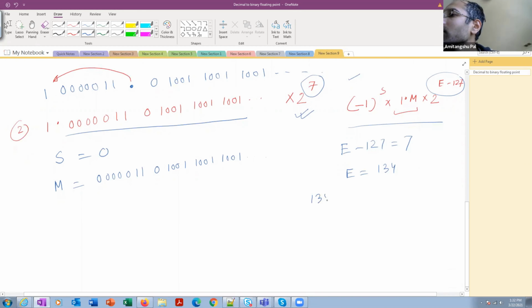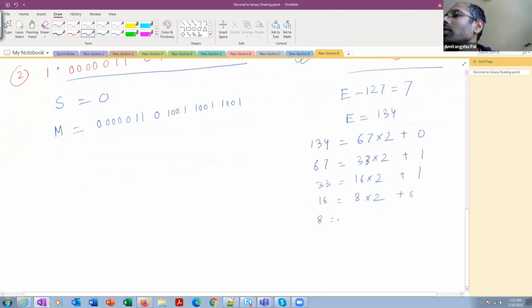134 equals 67 into 2 plus 0. 67 equals 33 into 2 plus 1. 33 is 16 into 2 plus 1. 16 equals 8 into 2 plus 0. 8 equals 4 into 2 plus 0. 4 equals 2 into 2 plus 0. 2 equals 1 into 2 plus 0. 1 equals 0 into 2 plus 1.